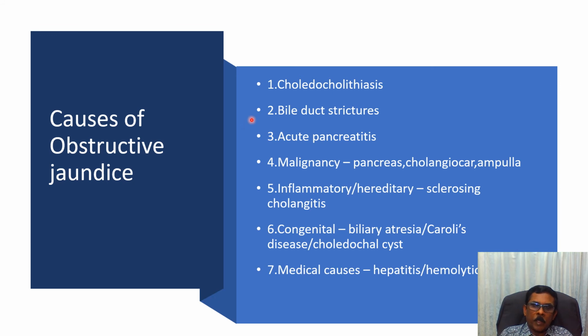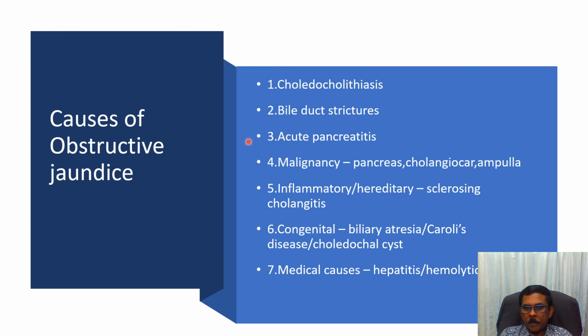Bile duct strictures are another common cause, and the most common cause of these strictures is a previous passage of a stone, especially causing damage to the mucosa of the lower end of the CBD, which then heals with a stricture.